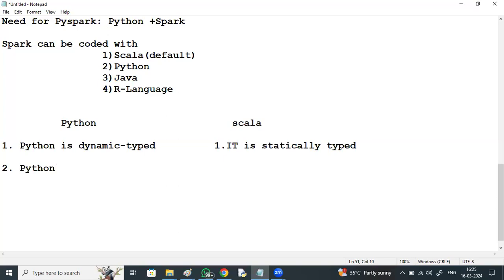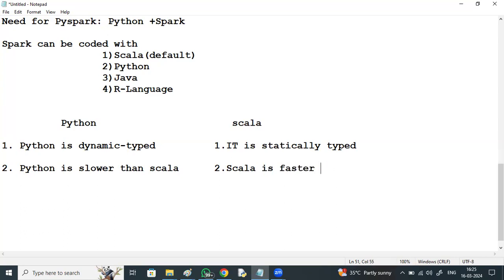Frankly, not all the advantages are in Python; Scala also has some advantages. Python is slower than Scala, and Scala is faster than Python.